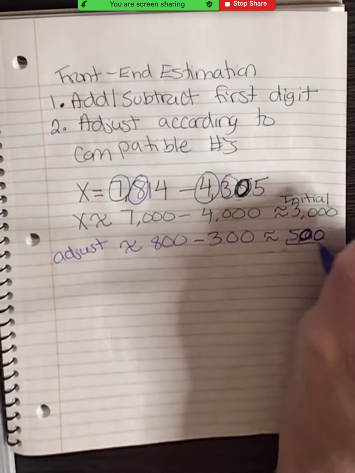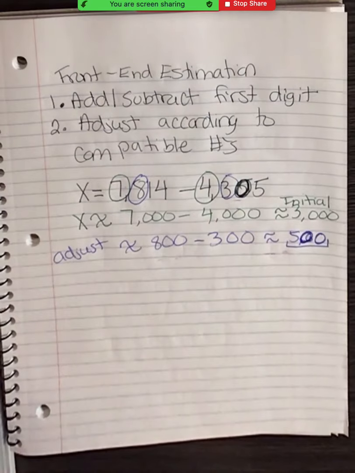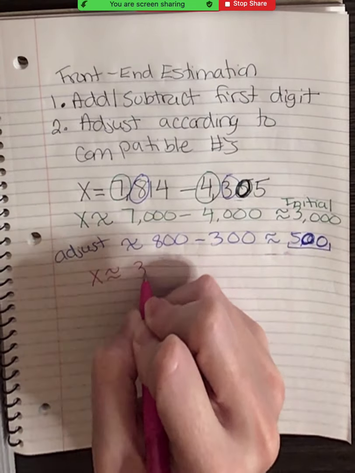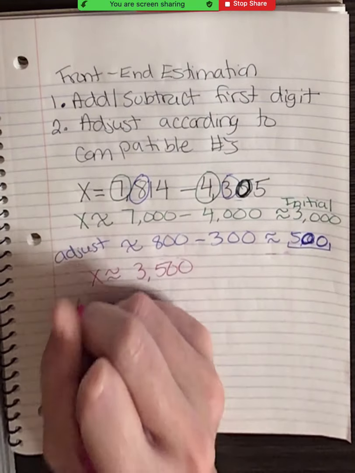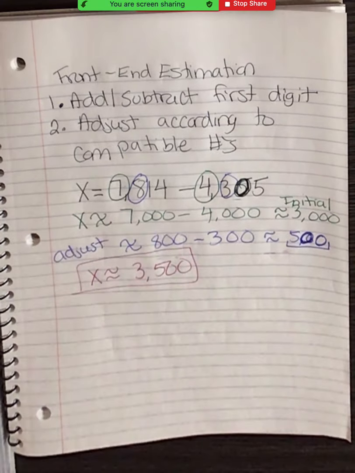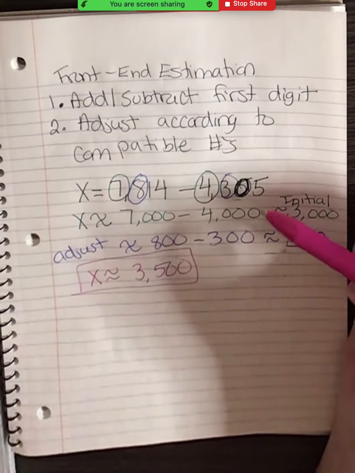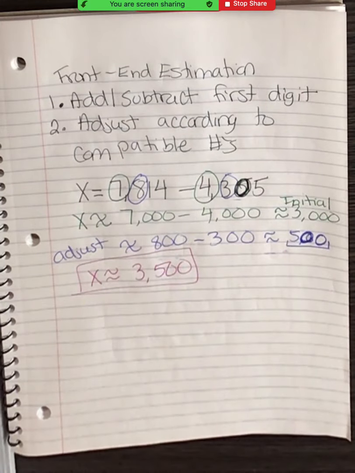So we're adjusting it by that extra 500. So we're going to say x is approximately 3,500 using front-end estimation. It's kind of like rounding to the nearest 100, except you're working with the numbers themselves before you round. So that is finding a sum or a difference by using estimation.